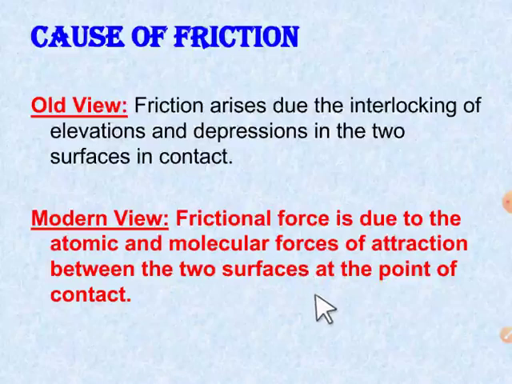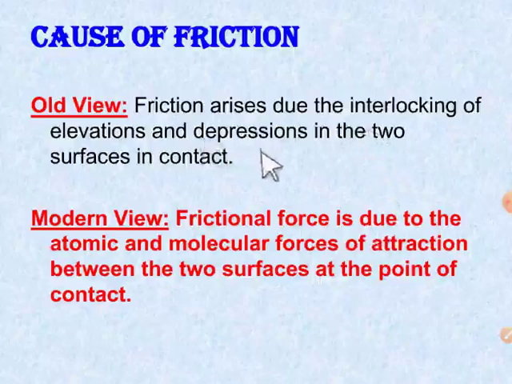Actually, take two highly smooth, flat surfaces, like plain glass. When one plain glass is placed above another and you try to have a relative motion between them, it is very difficult to move or slide one over the other, even though there is no interlocking of depressions and elevations.